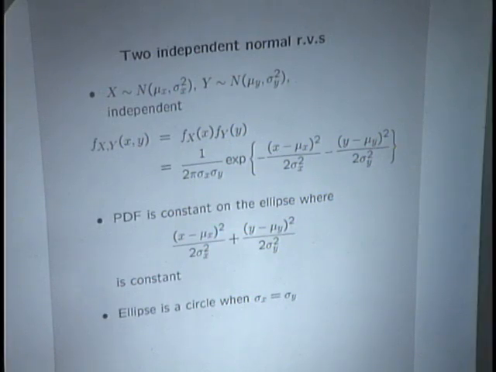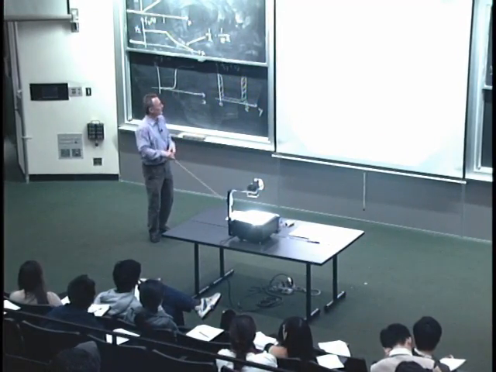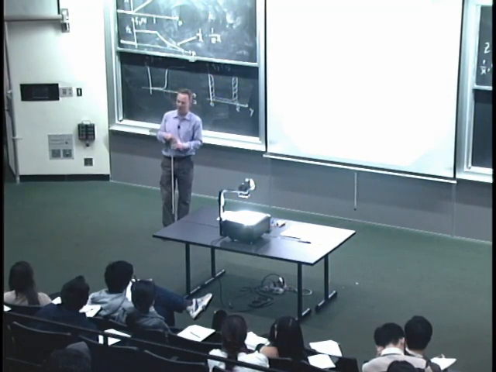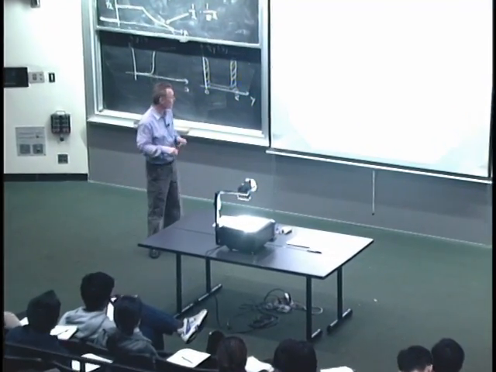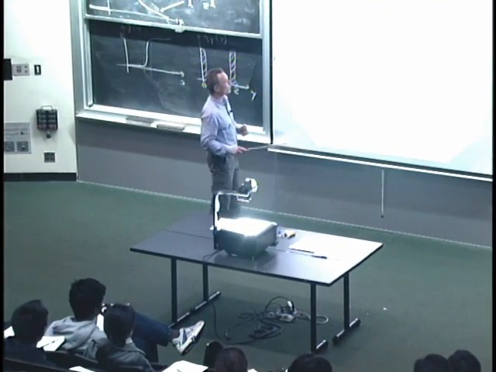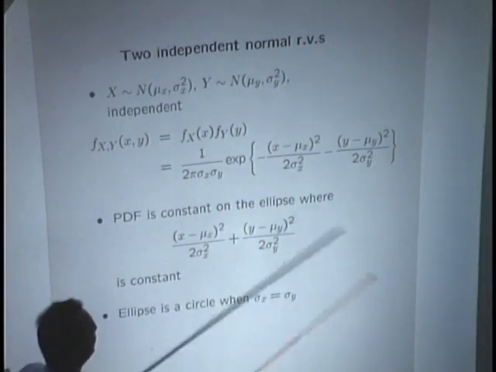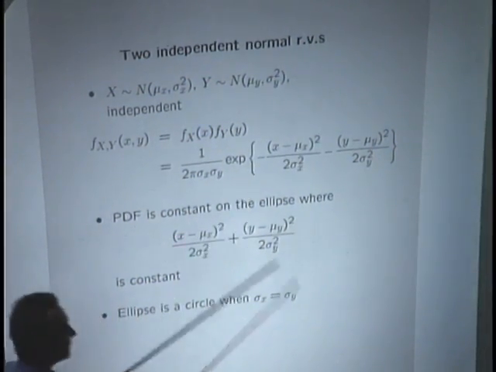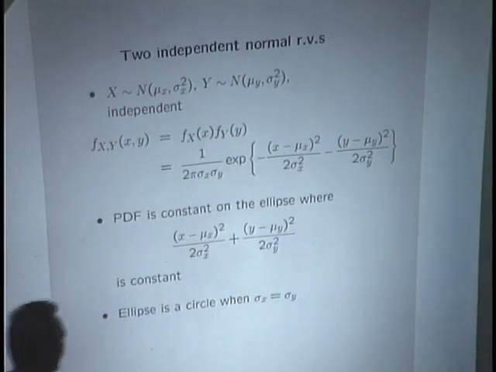Now you look at that formula and you ask, what does it look like? Okay, so you can understand a function of two variables by thinking about the contours of this function. Look at the points at which the function takes a constant value. When is it constant? What's the shape of the set of points where this is a constant? So consider all x's and y's for which this expression here is a constant. What kind of shape is this?